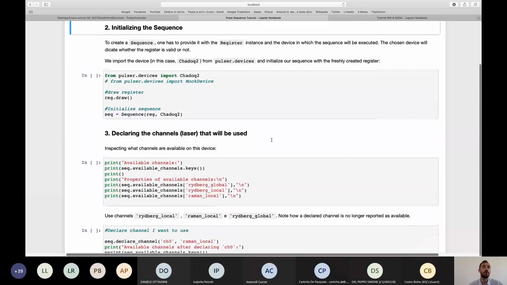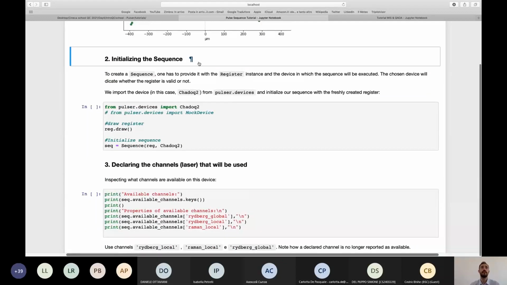Okay, let's start with the sequence. This part initializes the sequence.